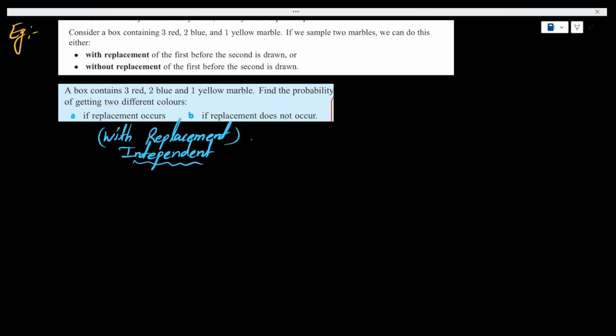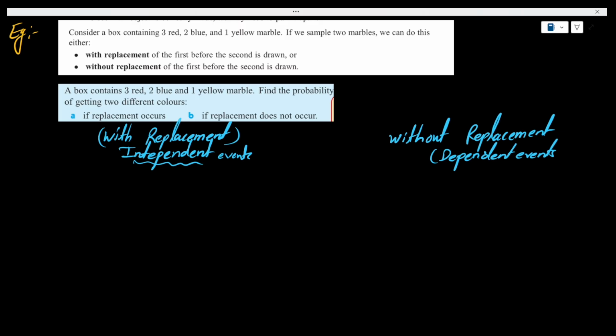And without replacement, that will become a dependent event, because whenever you are taking out any ball, you're not putting it back. So the number of balls will change. That's why it is called a dependent event. The first outcome will decide the number of second outcomes.